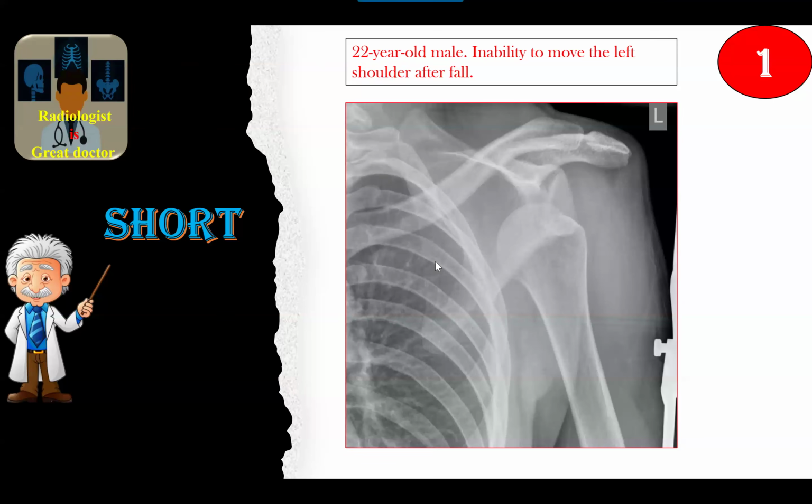Okay. Let's start now with short reporting and what to do in the exam. This is an example, my friends, of a musculoskeletal radiograph. I'll take the shoulder as an example.